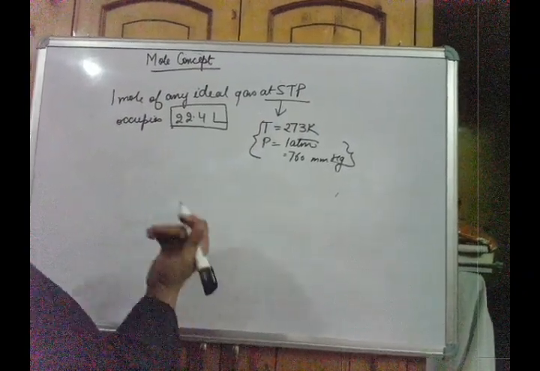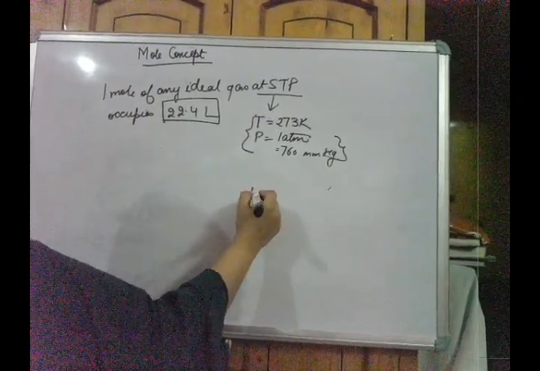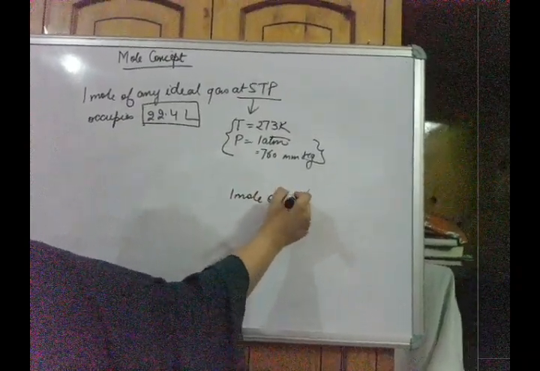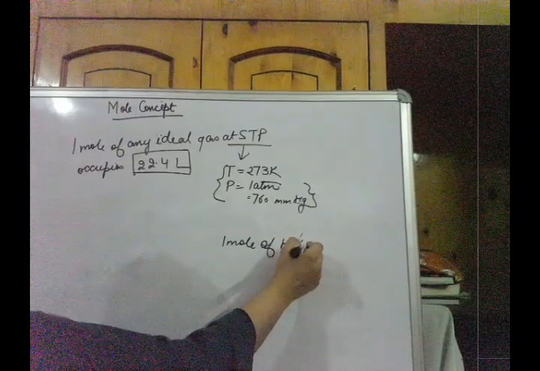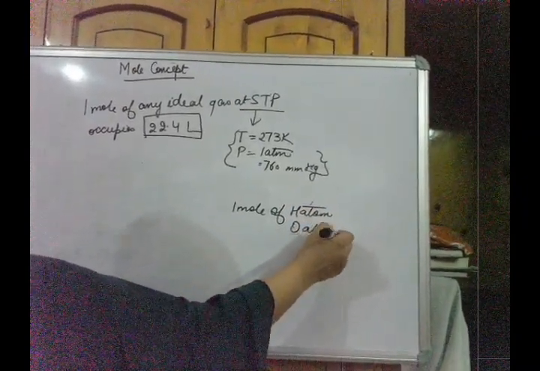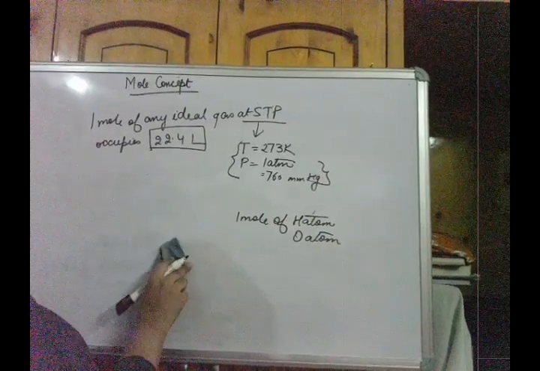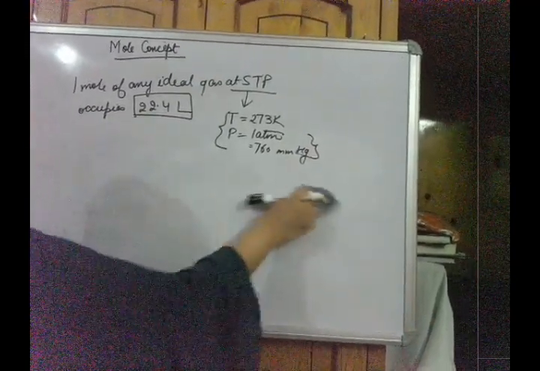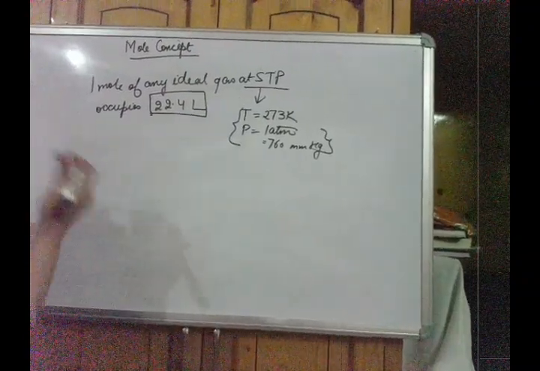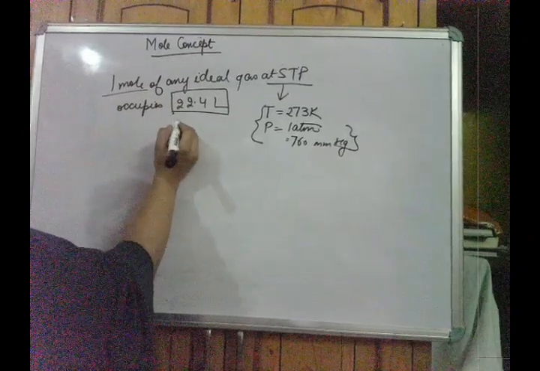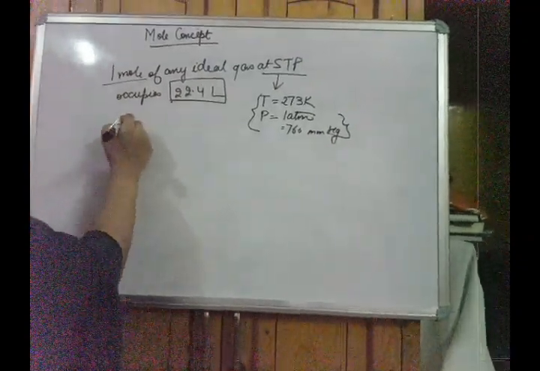In the previous class we discussed that 1 mole of hydrogen atoms or 1 mole of oxygen atoms can be equated with its molecular mass. Now in this part we will be equating our moles with the volume. At STP they will occupy 22.4.